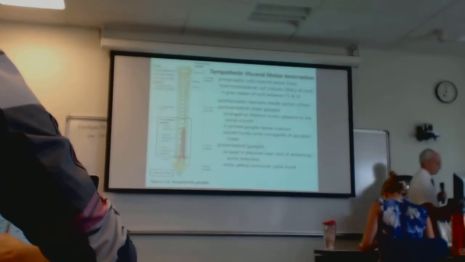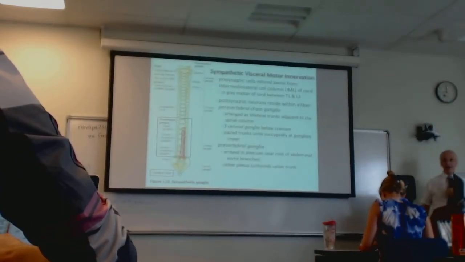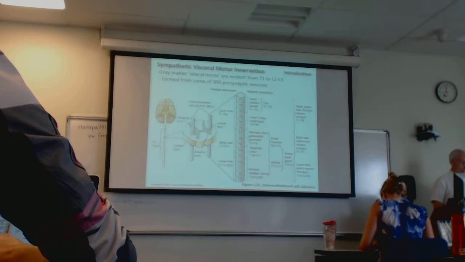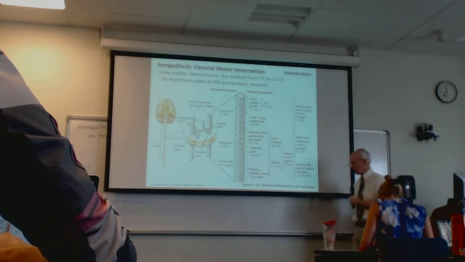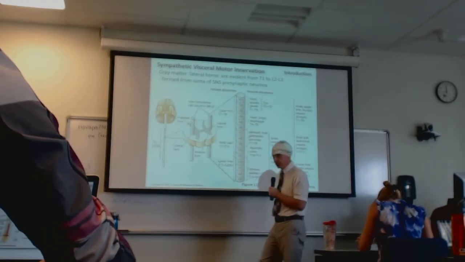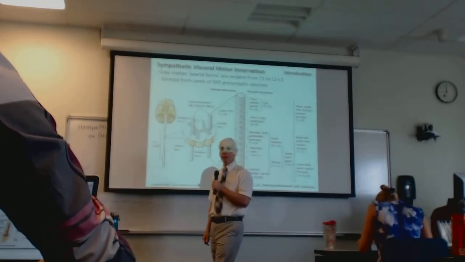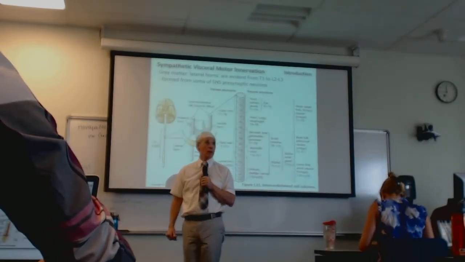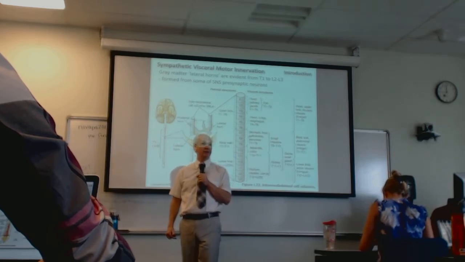You should know the ganglion impar, and you should know what we mean by a cervical ganglion, and how many of them there are. I might ask you on the quiz, are there sympathetic ganglia in the neck? What would you tell me? Yes. Are there parasympathetic ganglia in the neck?